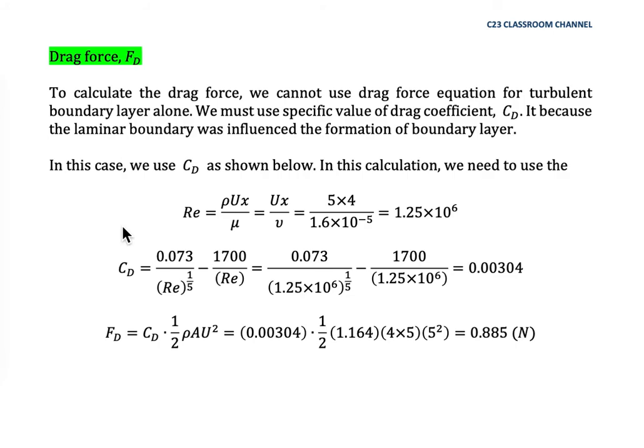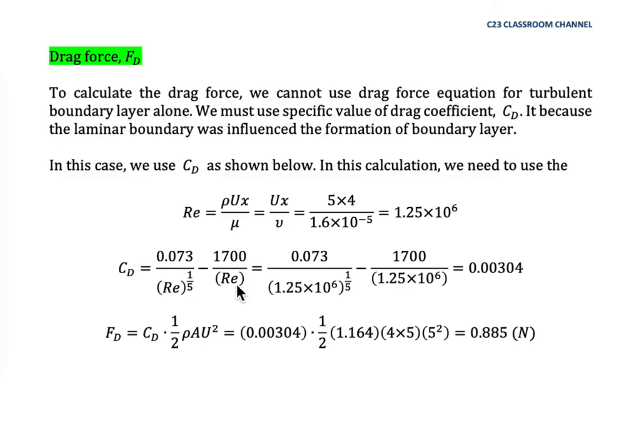We cannot use just one CD that comes from laminar or turbulent boundary layers. Please bear in mind, if you calculate boundary layers that have two parts, laminar and turbulent, you need to use a special drag coefficient like this: 0.073 over Reynolds number to the 1/5 minus 1700 over Reynolds number.